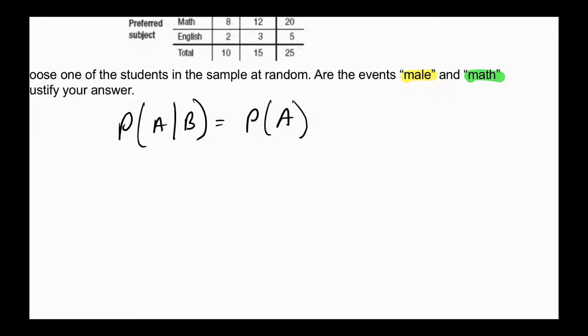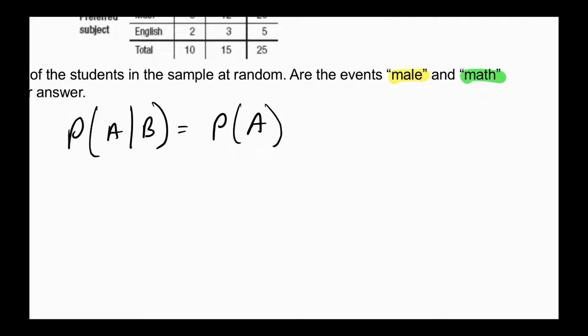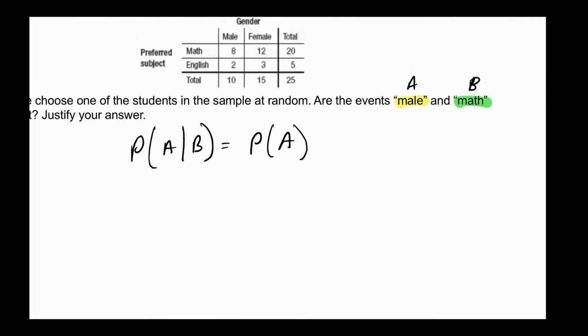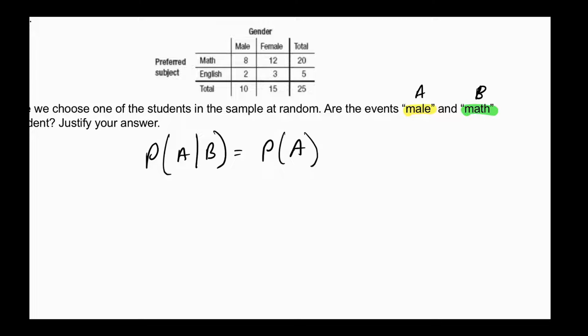So my question is, does it matter if male is A and math is B, or math is A and male is B? It doesn't matter. Yep, it does not matter. Since it's your notes, we'll do it both ways. Okay? So I'll say that male is A and math is B. And then I'll flip it and I'll show you it works the same way.